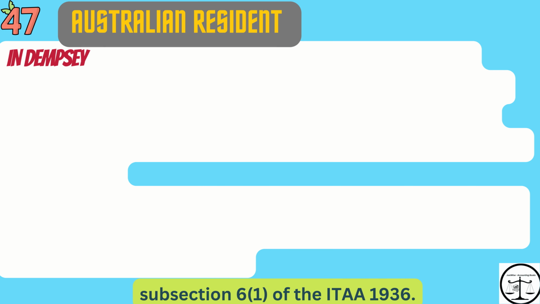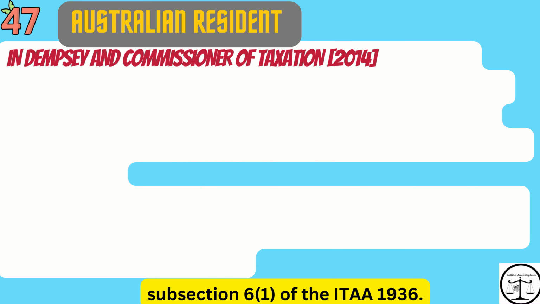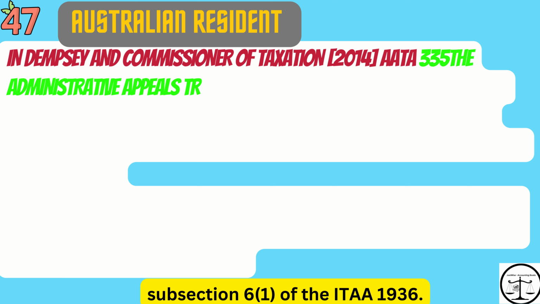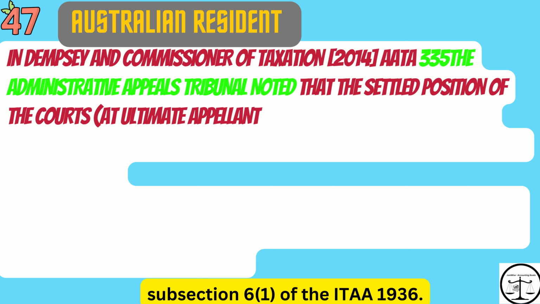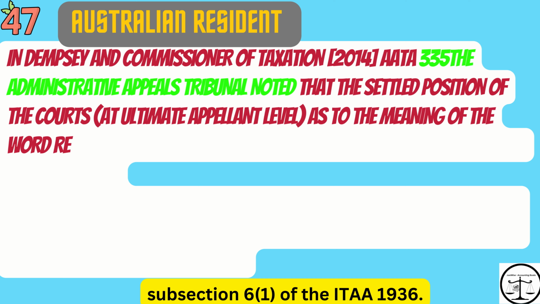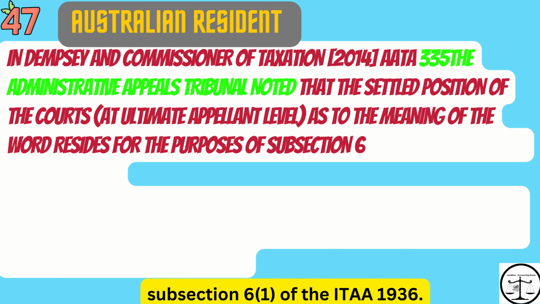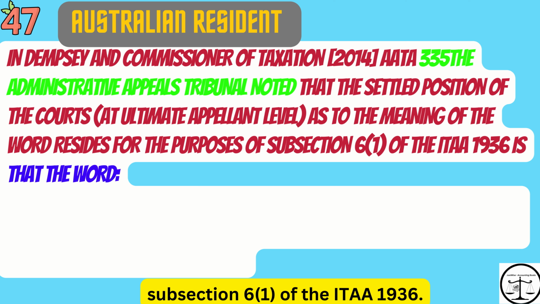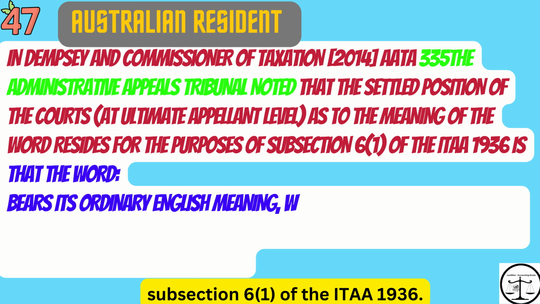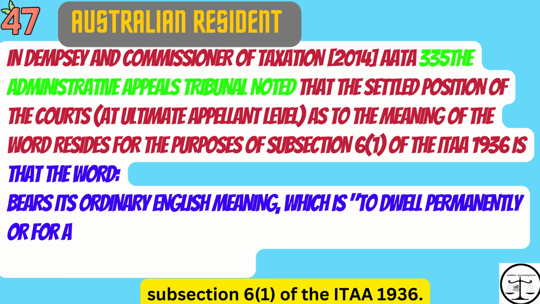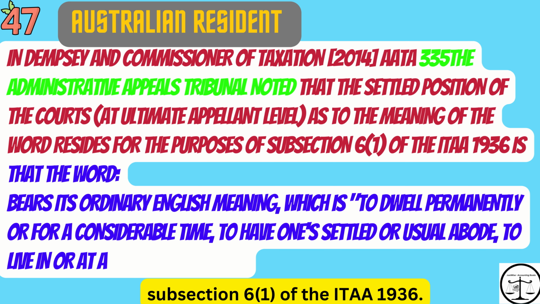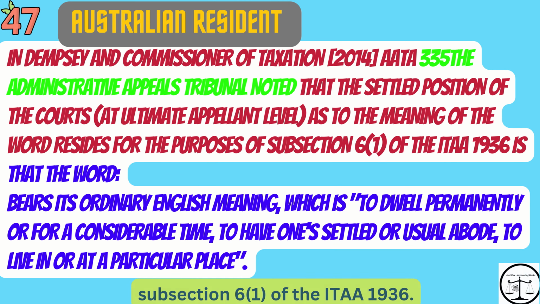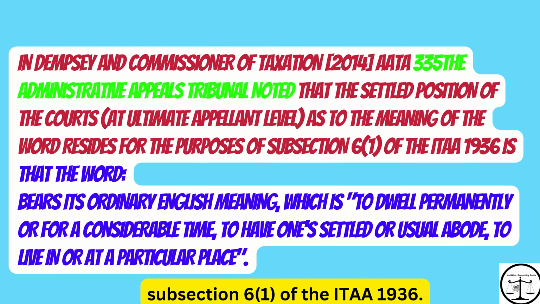In Dempsey and Commissioner of Taxation, 2014, ATA 335, the Administrative Appeals Tribunal noted that the settled position of the courts, at ultimate appellate level, as to the meaning of the word resides for the purposes of subsection 6(1) of the ITAA 1936 is that the word bears its ordinary English meaning, which is to dwell permanently or for a considerable time, to have one's settled or usual abode, to live in or at a particular place.